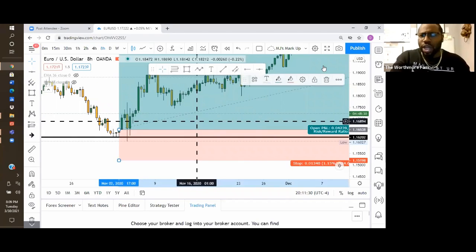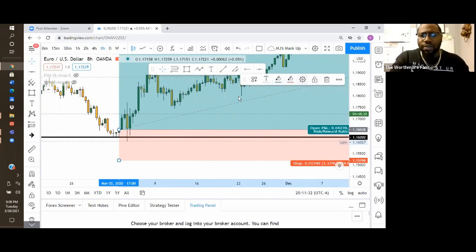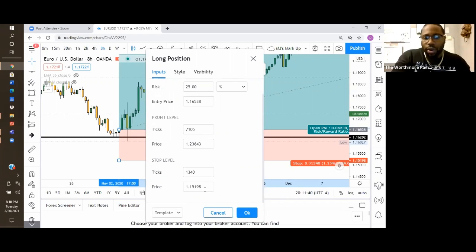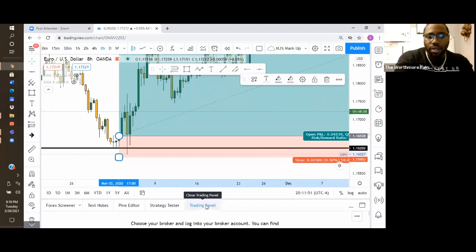Yes, I sure did. I pulled out my cell phone, and I actually did the math right then and there on the spot. So 1.15952. That's where I'll put my stop loss. Okay, that's a 25 pip stop loss.